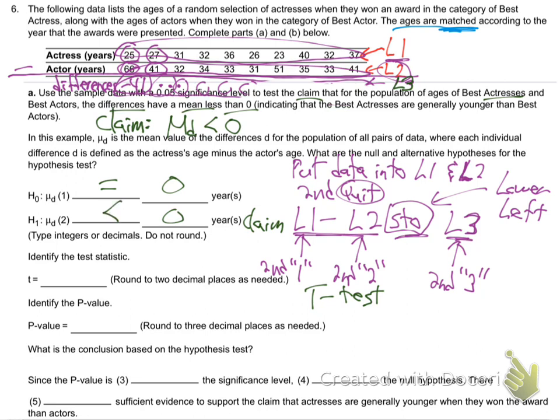Okay. So go to your calculator. Go t-test. On that, notice we're not doing 2 sample. Why not? Isn't this 2 samples? Yeah, but we've got all the differences now in L3. So we're just using that one list. That'll take care of it. Just go to regular t-test and choose data, not stats.